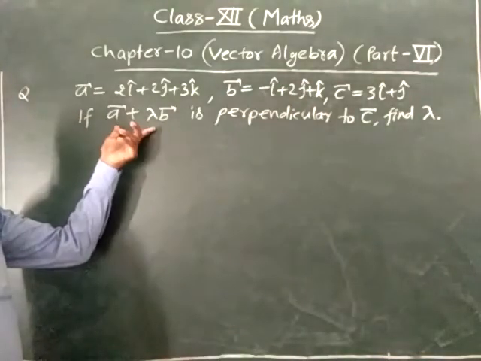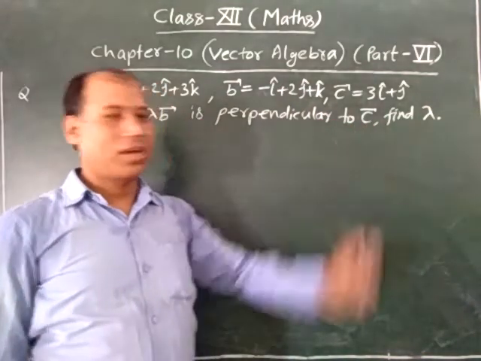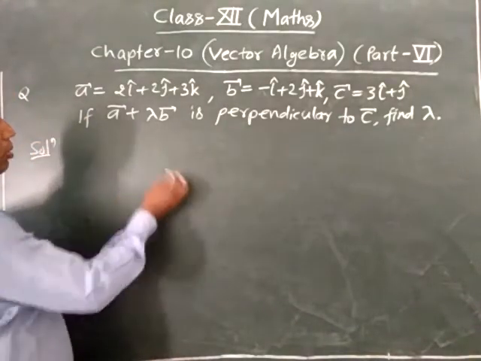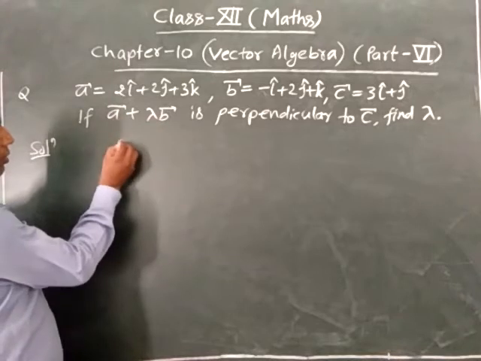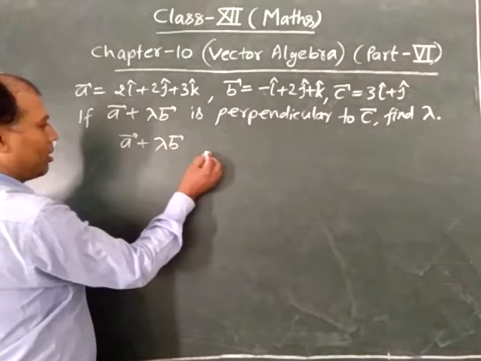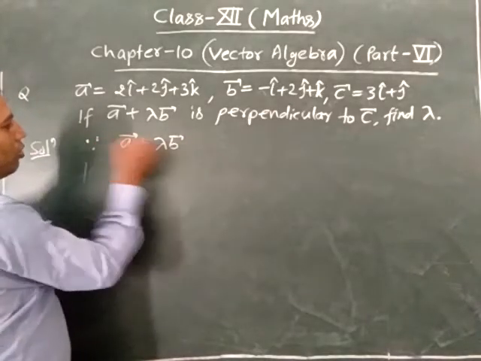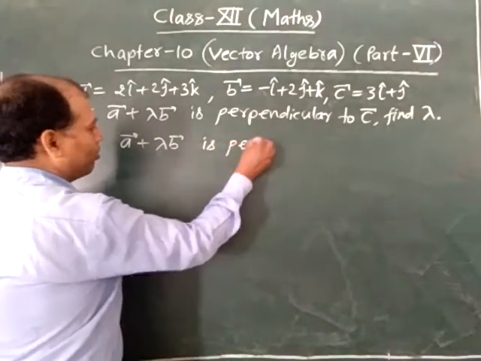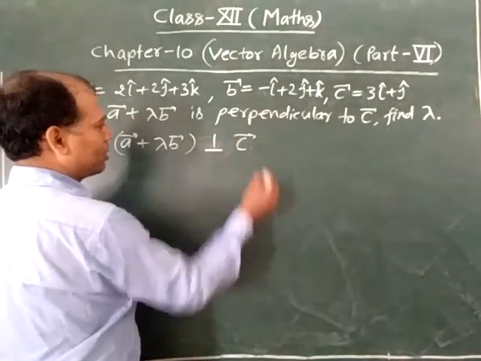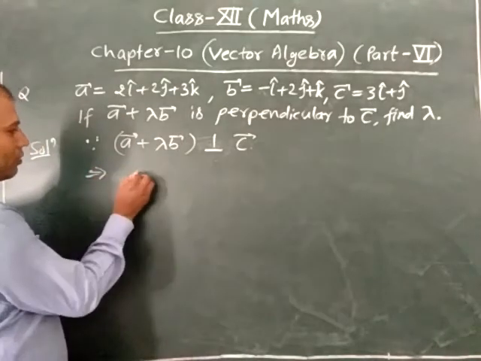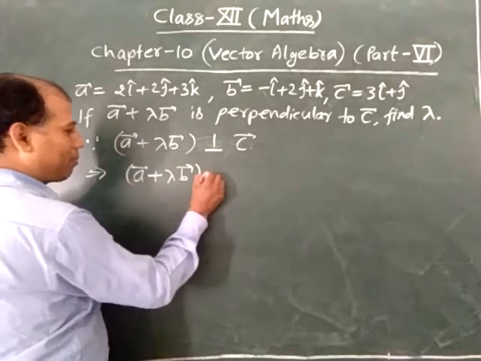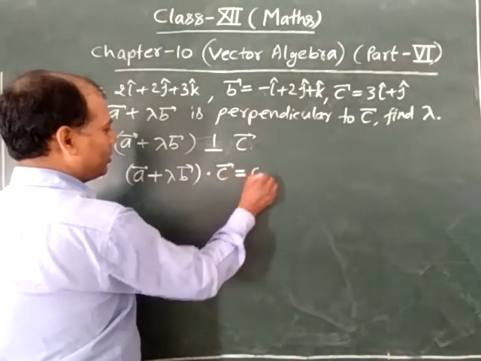So the question is: A plus lambda B is perpendicular to vector C, then we have to find the value of lambda. Now for finding the value of lambda, first of all we find A plus lambda B, because A plus lambda B is perpendicular to vector C. This implies, students, all of you know that if two vectors are perpendicular, then their dot product is 0.